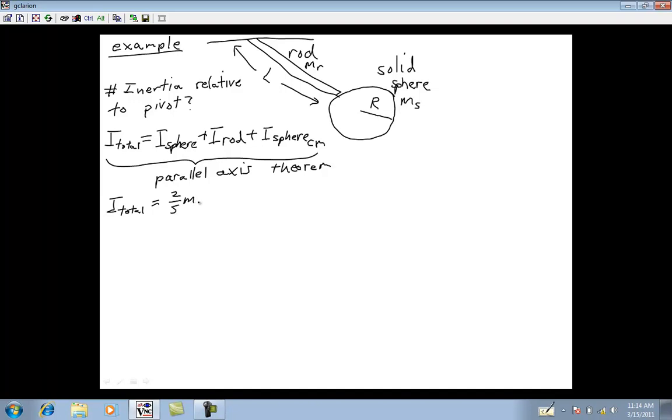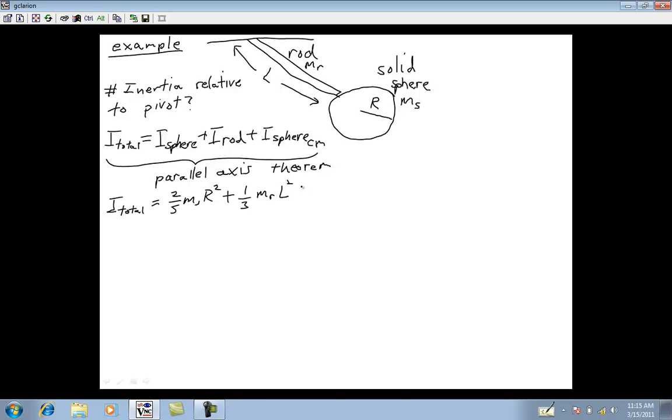Let's use the symbols I have here: m s for the sphere, and I'm using capital R squared. What about for the rod at its endpoint? It's 1/3 m sub r L squared.